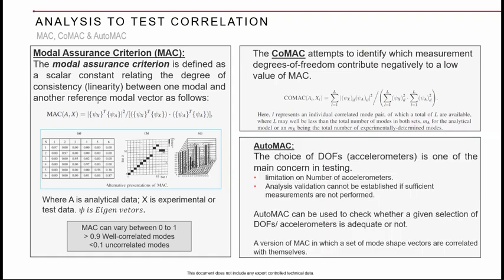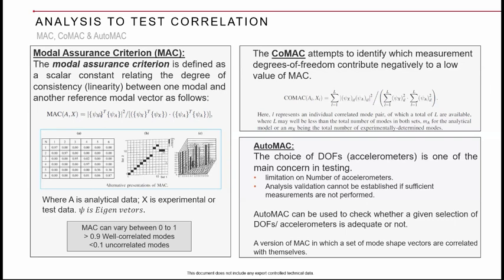So MAC is nothing but modal assurance criterion. As you see, the name itself talks about the modal domain. What we are trying to do here, based on the least square approach, is bring correlation between the analytical mode shapes and the experimental ones. X stands for experiment, A stands for analytical. Okay.